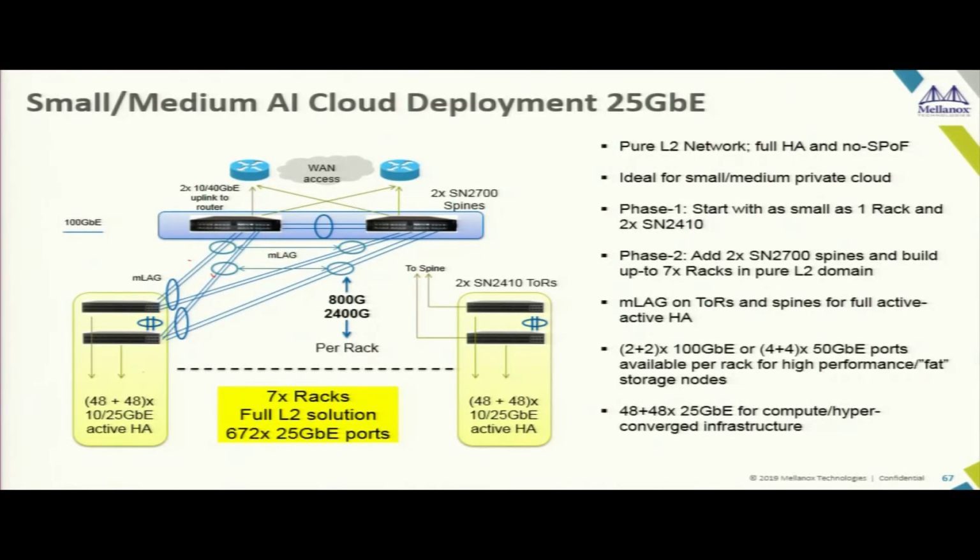You can run a pure L2 network of a certain size, but if you go beyond 1,000 nodes, or maybe even 200, 300, 400, 500 nodes, if you bring in another server, there will be an ARP storm, right? The server will say, I'm present, and now it will start relaying its ARP to everybody else. There will be an ARP storm on the switch. Nobody will be able to stop it, okay? So you cannot have a pure L2 network.